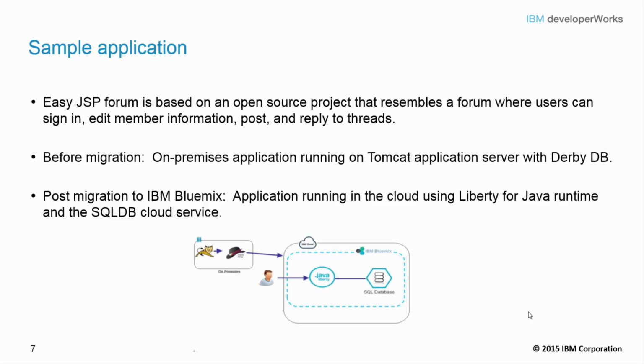So before the migration, we're going to simulate the on-premises Easy Forum application running on Tomcat application server with a Derby database to interact with. And after migration is completed to IBM Bluemix, this application will be running in the Bluemix cloud using the Liberty for Java runtime and an SQL database as a cloud service.